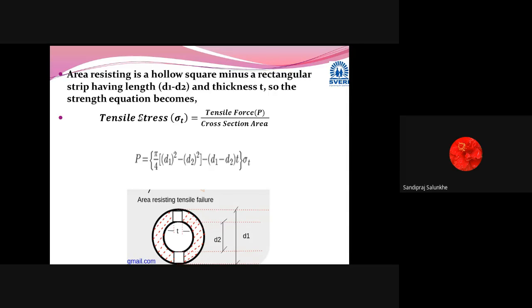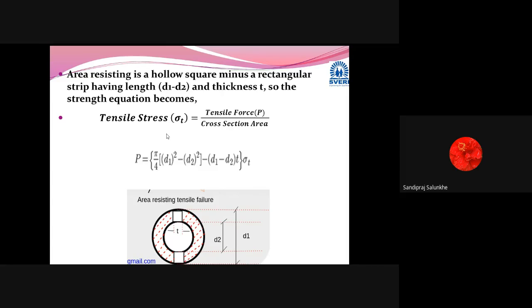When we calculate this tensile stress from the data given, that is the material properties, SYT and SUT. Here we are going to use ductile materials for the design of this joint. So we consider SYT as the yield strength, and that is the limiting strength.